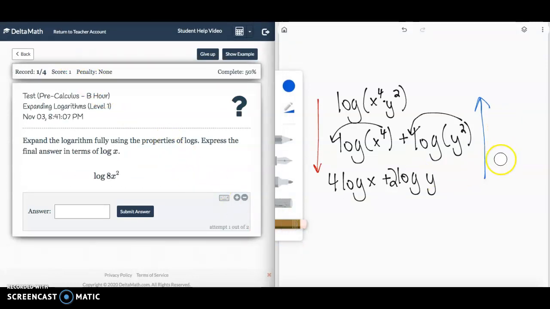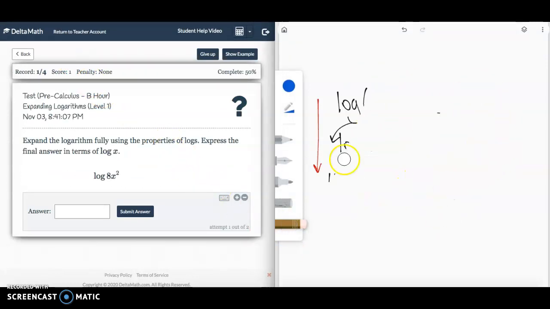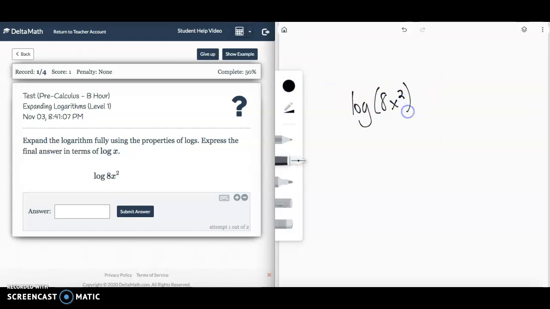All right, let's do another one. So in this one, it's a little tricky because I notice that we have log of 8x squared, and this 8 and this x squared are secretly multiplying, right? So multiplication inside of a logarithm turns into addition between two separate logarithms. And then I have an exponent, so I'm going to bring that to the front.